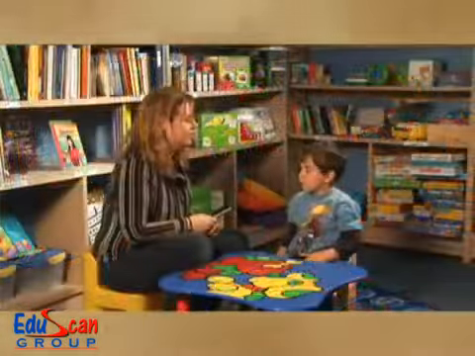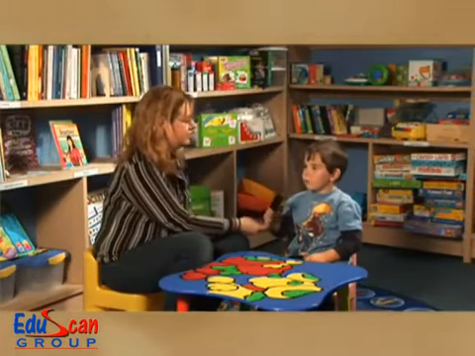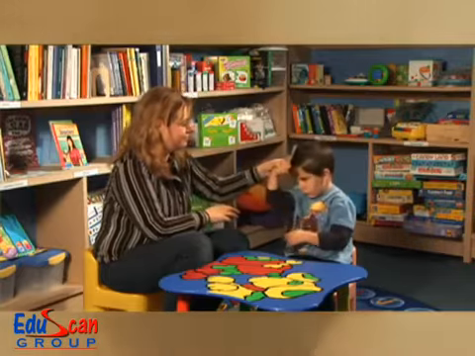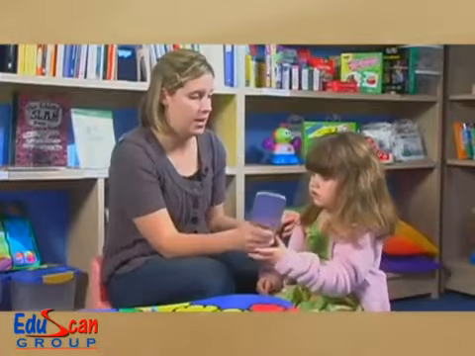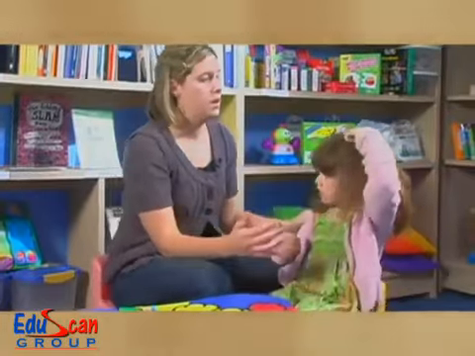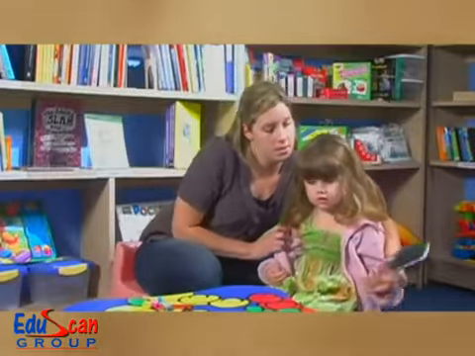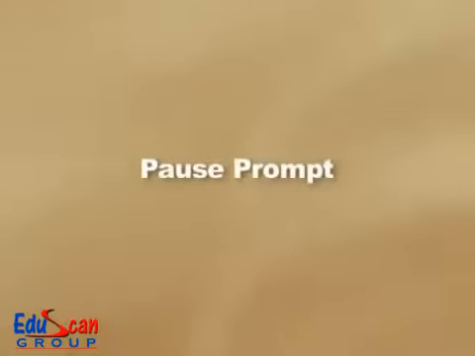The next level might use a modeling prompt in which you give the SD and then begin brushing your own hair or a doll's hair. The next might use a positional prompt in which you give the SD and place the hairbrush in an inaccessible position, then point to the child's hair.